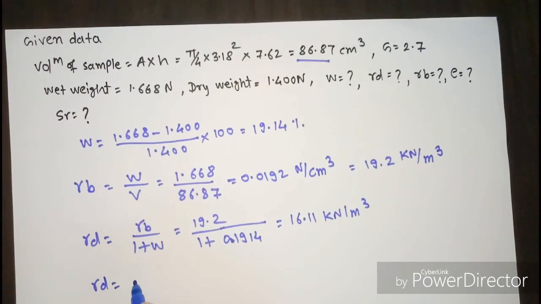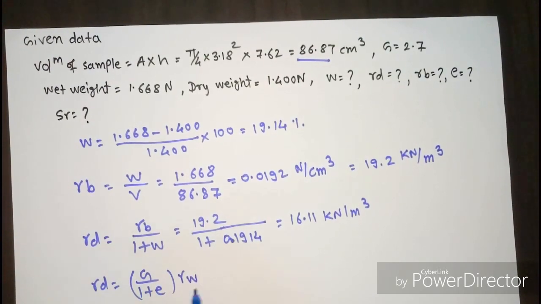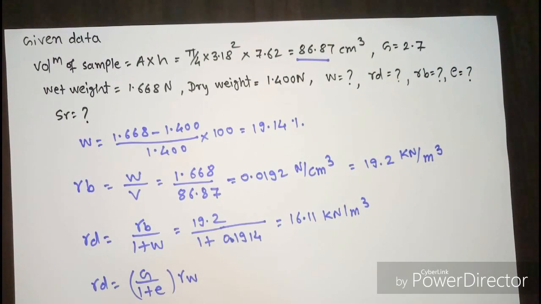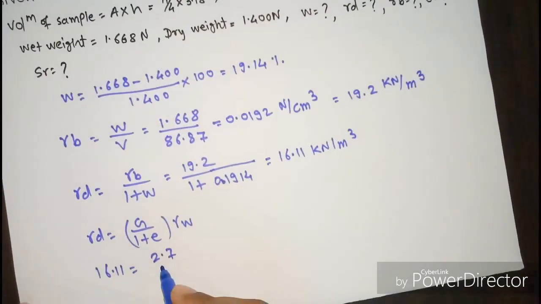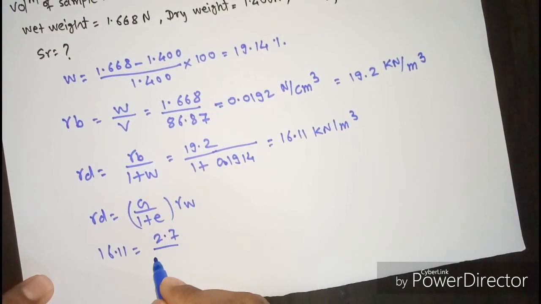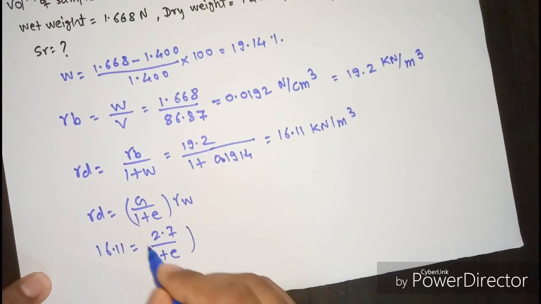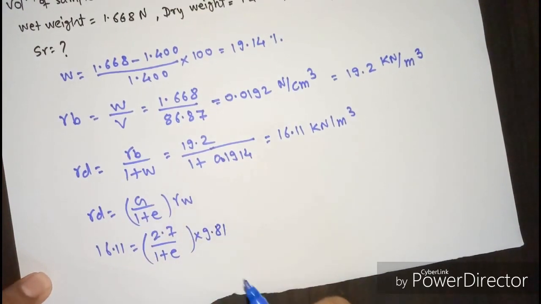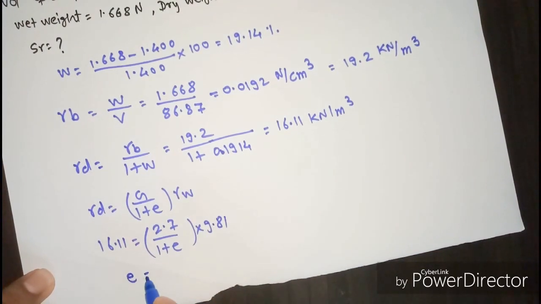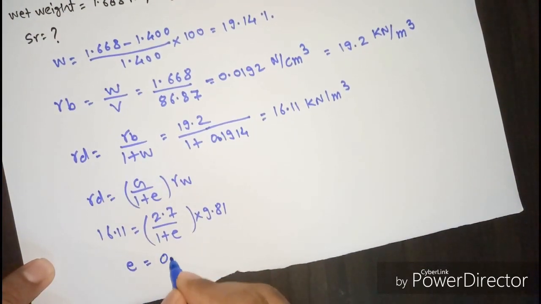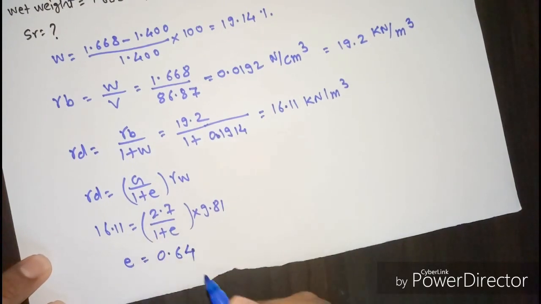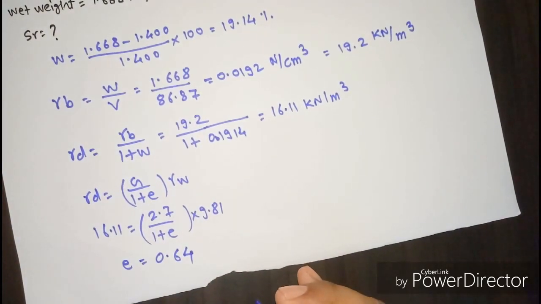Gamma D is equal to G upon 1 plus E multiplied by unit weight of water. We know gamma D, we know specific gravity, we know unit weight of water, we can get void ratio. So gamma D is 16.11 is equal to G is 2.7 upon 1 plus E multiplied by unit weight of water 9.81. So E is equal to 0.64. So just we got void ratio.